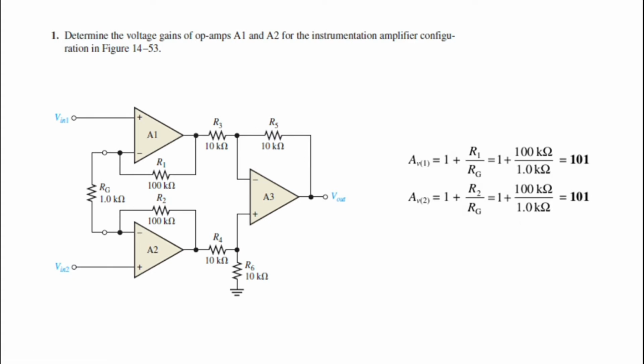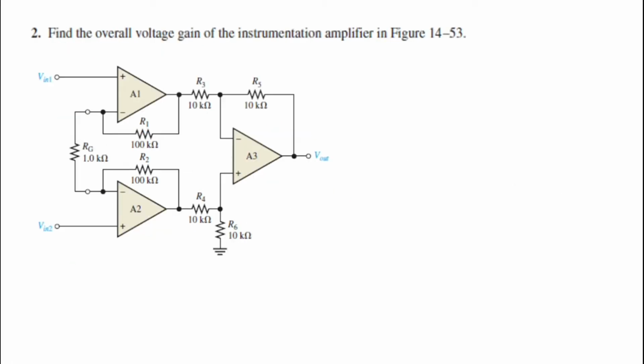Moving on to question number 2. We need to find the overall voltage gain of the instrumentation amplifier in figure 1453. Again we are talking about the same figure, so we just need to identify the overall gain for this particular amplifier.